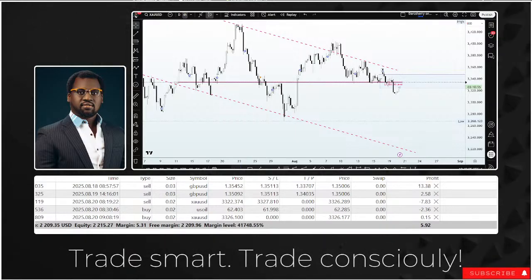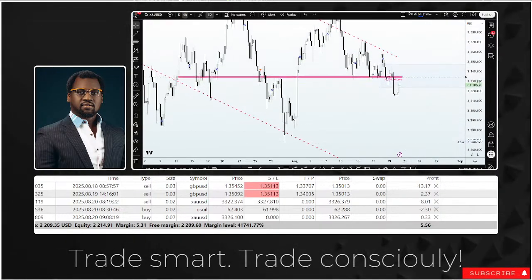But at the moment, aggressive bets cannot be visible as traders are cautious ahead of the Fed minutes release coming up later today, that's 6 p.m. UTC, and of course Powell's Jackson Hole speech, which is coming up on Friday, which could shape expectations for September rate cuts.